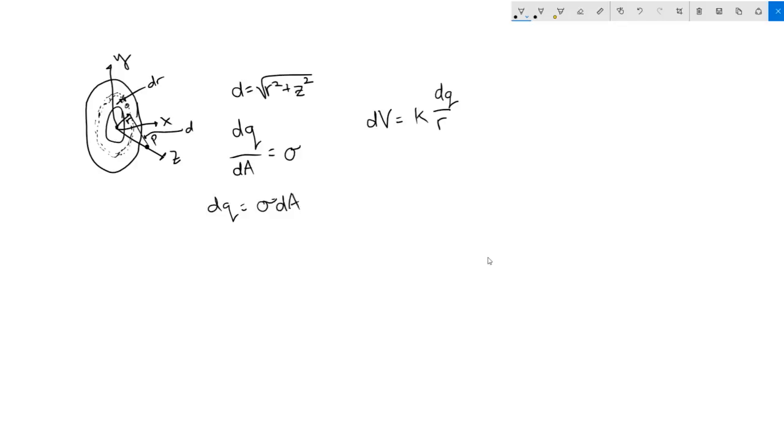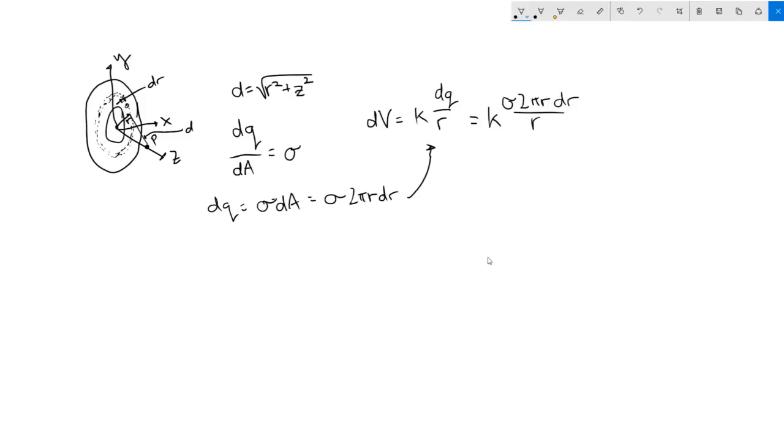And the area of that little slice is 2 pi r dr. So that's what I'm going to plug into that. So I get k sigma 2 pi r dr over r.